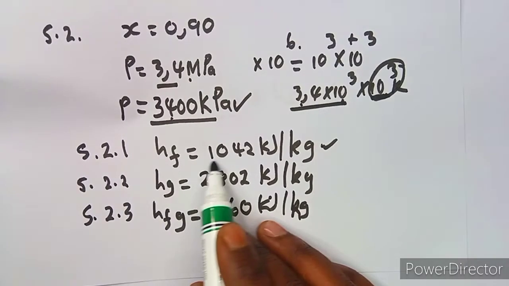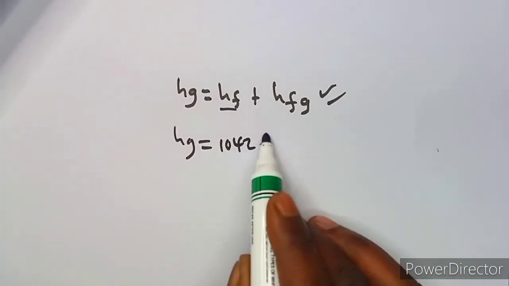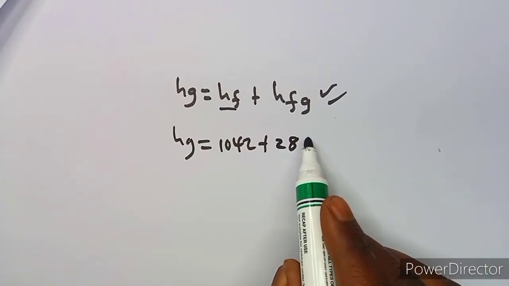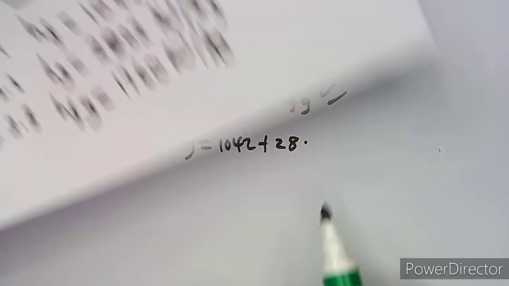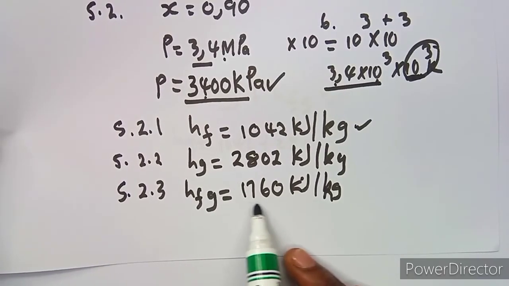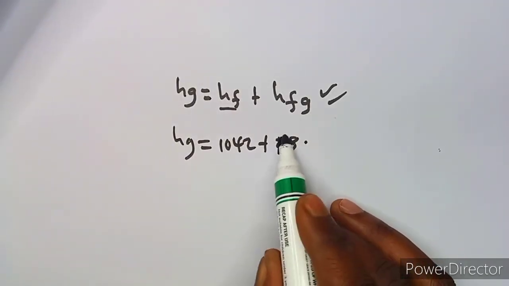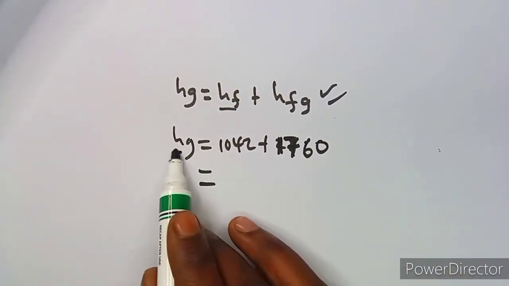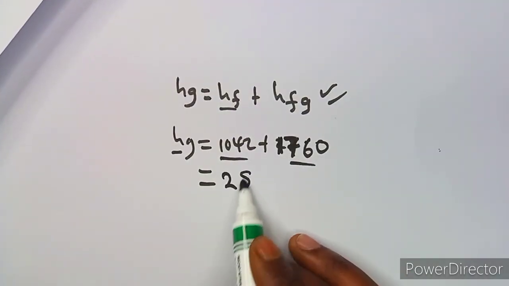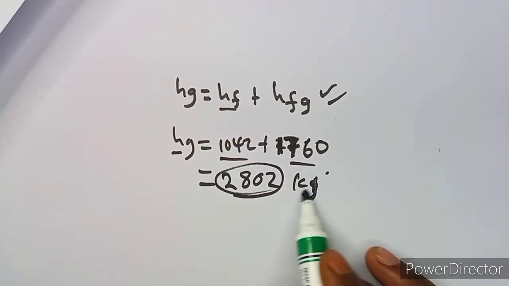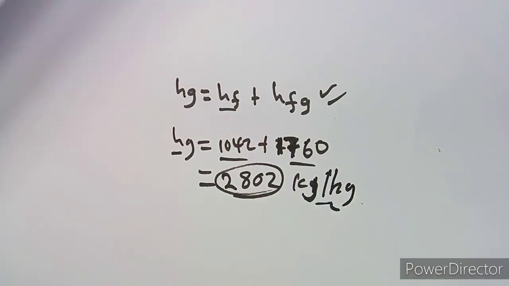If you add HF, 1042, plus HFG, which is 1760, these two are going to give you Hg, so you're going to obtain this value of Hg, which is 2802. This is what you're supposed to do to prove this, in kilojoules per kg. So you can actually prove this.